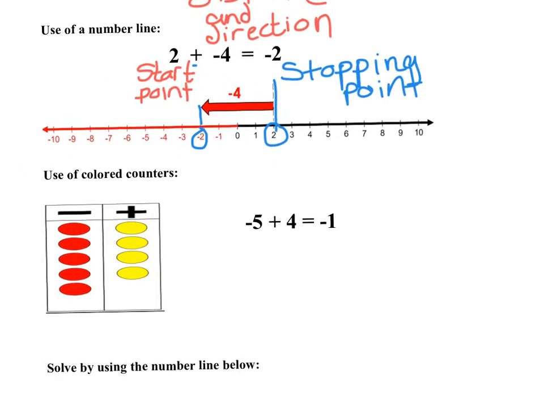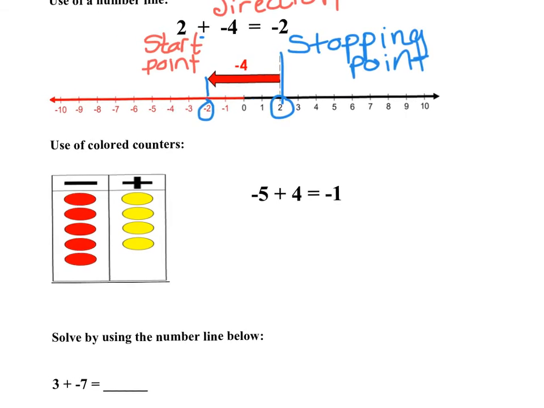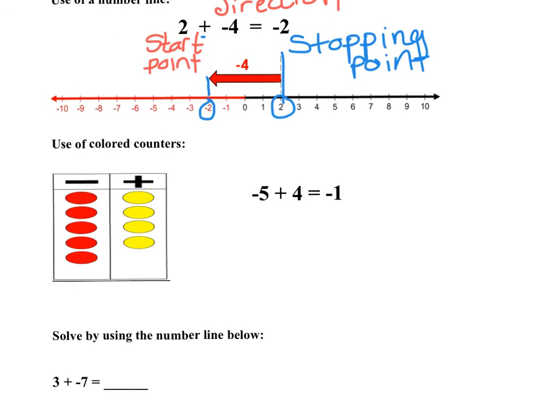All right, let's look at one using colored counters. Here we see that we have 5 negatives and 4 positives, and we're going to see the outcome of it.